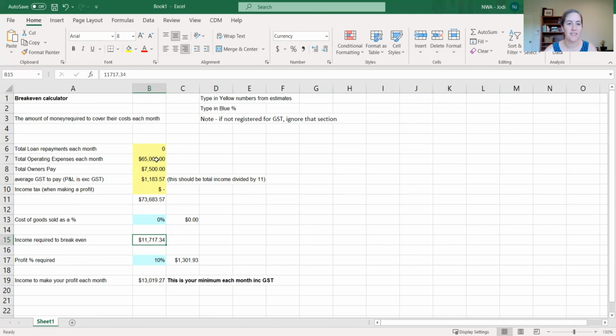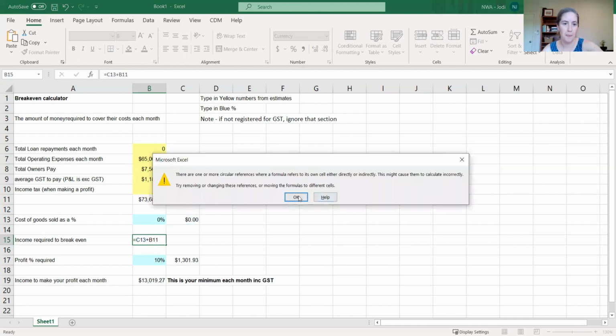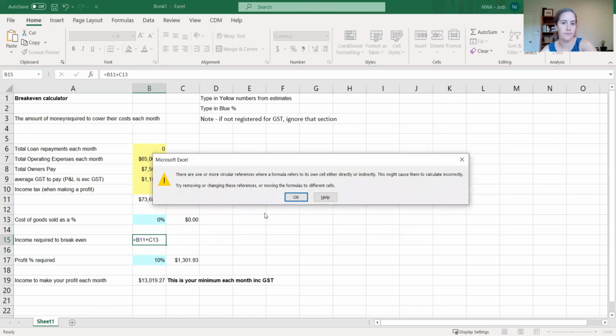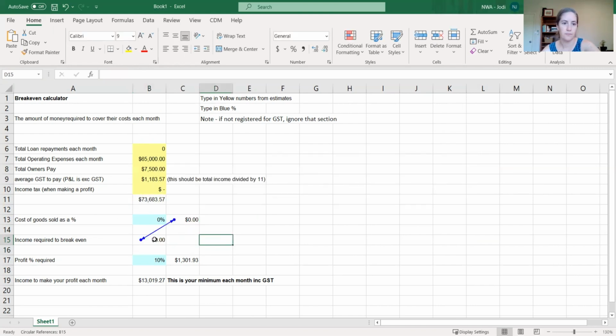So what we've got is it totaling through and making calculations and assumptions for you. So the income that we need is that plus that plus that. And I've put a circular formula in there, so that's what's good. Oh, yeah, okay.